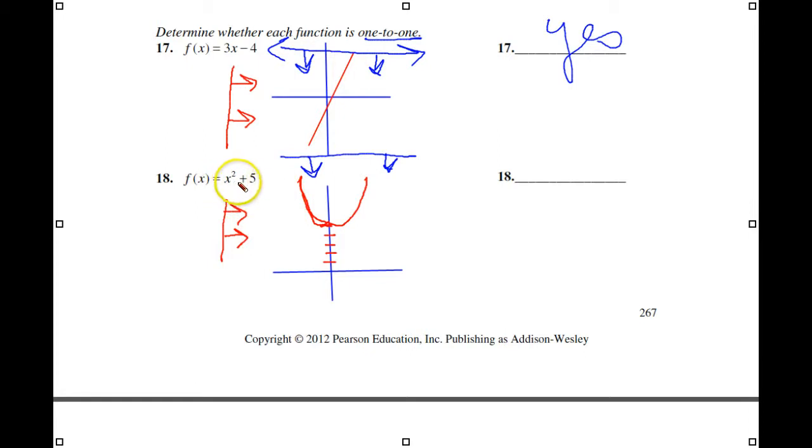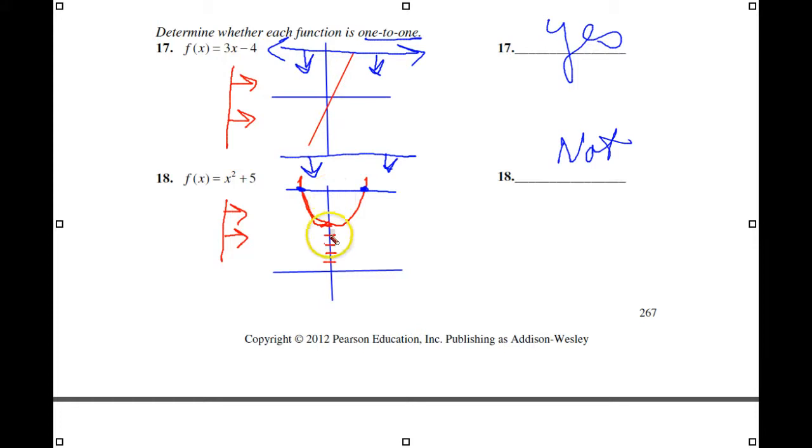Now in diagramming a parabola here, again, I didn't draw that too great. It's for illustrative purposes only. Does this pass the horizontal line test? And the answer is no, because it intersects twice here. So this is not one-to-one. So this would have an inverse.